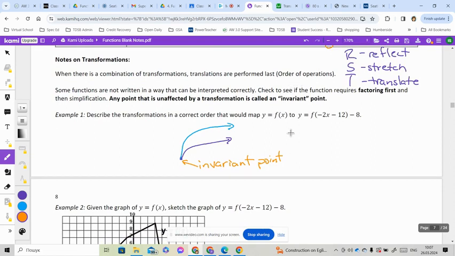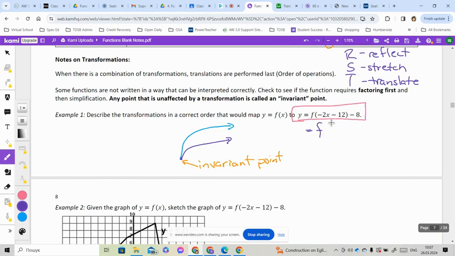Let's look at this example of a function with transformations, and I'll show you why the factoring part is important. We're asked to describe the transformations in the correct order that would map a function with this notation. Do you see where we can factor? What can we factor? We can factor out the -2.